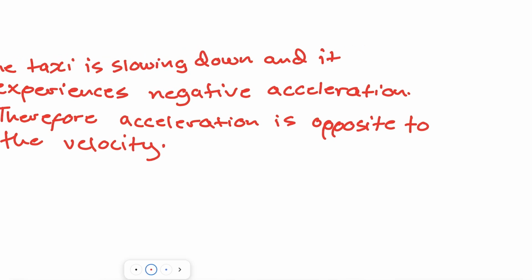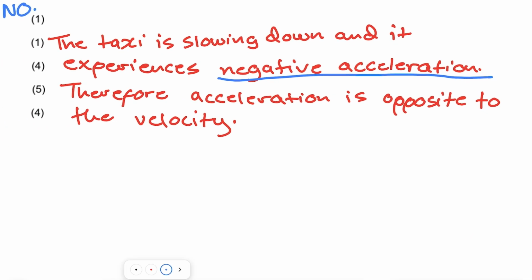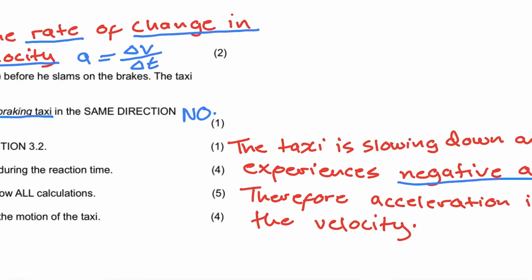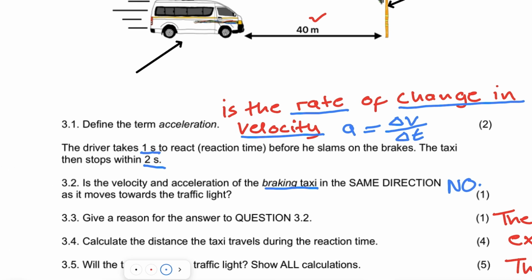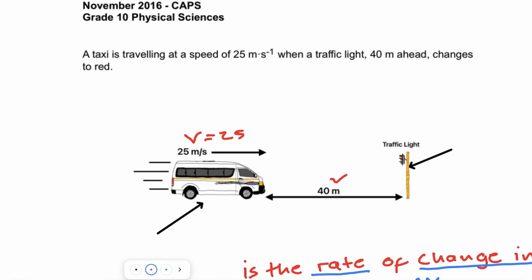Okay, some of you may be confused that we mentioned negative acceleration. How is the taxi experiencing negative acceleration? We were told that from the moment the taxi brakes, it took 2 seconds for the taxi to come to a complete stop, and it was traveling at a speed of 25 meters per second.